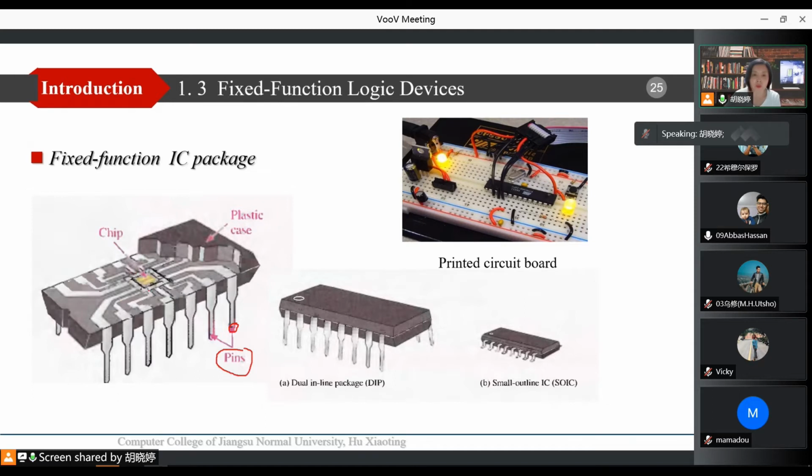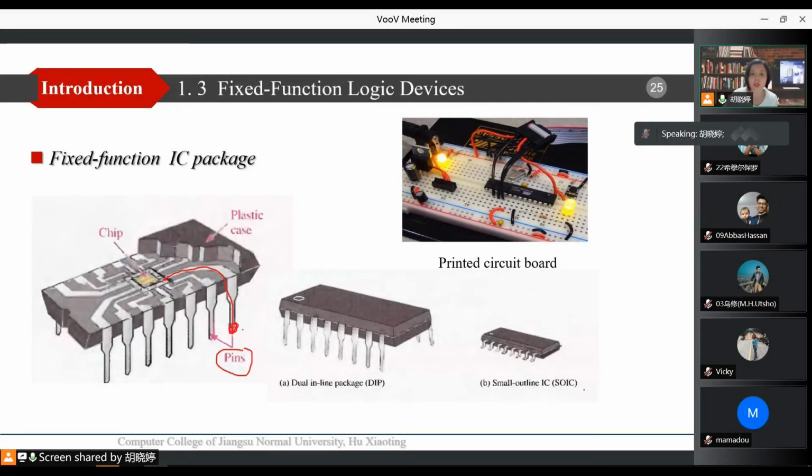This point is connected to this pin, so this pin will connect some circuit, and that means this circuit signal is connected into this chip. Can you understand? So this is called a pin.